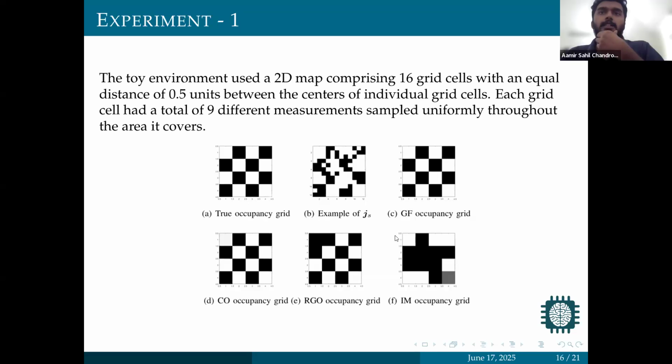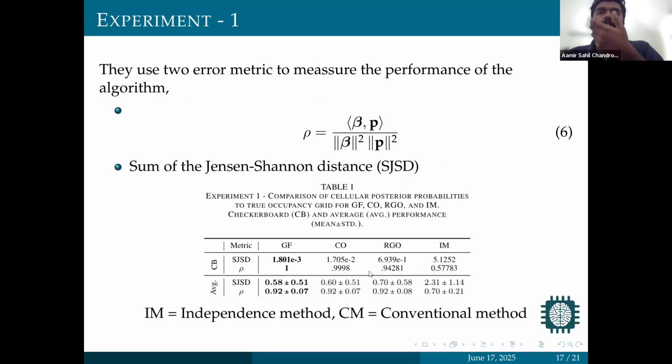The claim is mostly that the proposed method has better accuracy than the independence method. And there is a CM, the conventional method, that they use in the next experiment. But for that they use a particular equation from another paper.